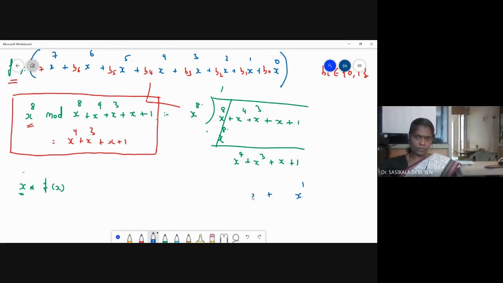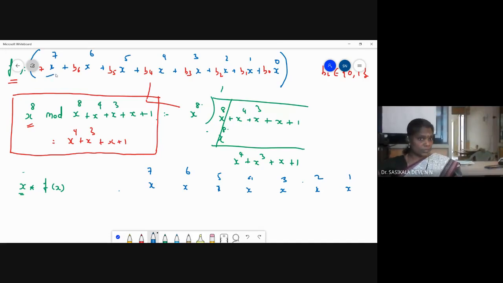X power 1 term, x power 2, x power 3, x power 4, x power 5 term, and then x power 6, coefficient of x power 7.